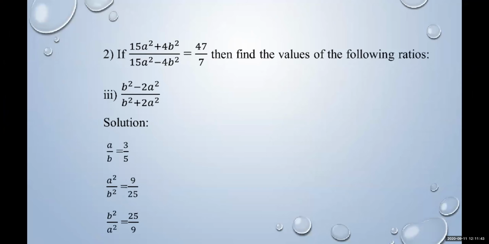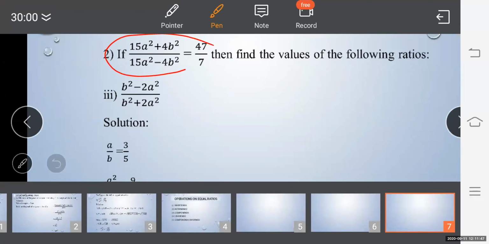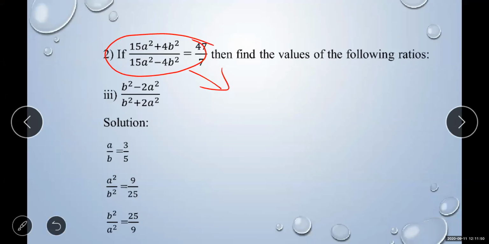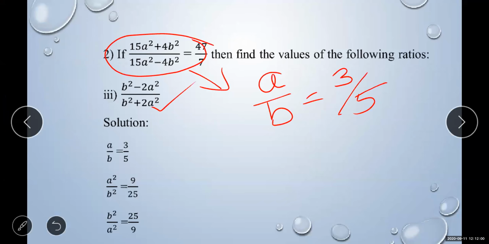Here, this ratio is given. From that, we find out A upon B is equal to 3 upon 5. Now, from this A upon B, we have to find out this ratio.